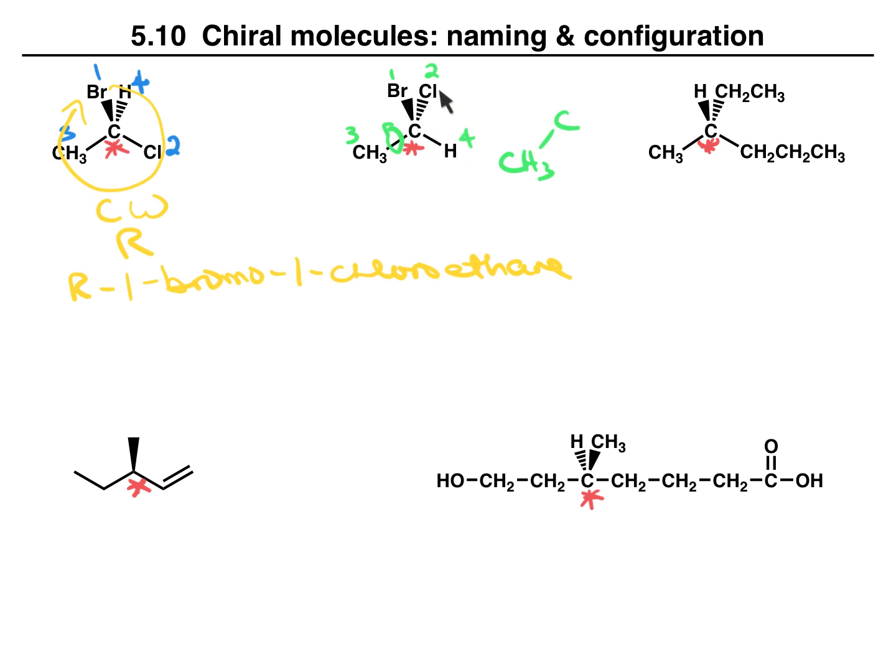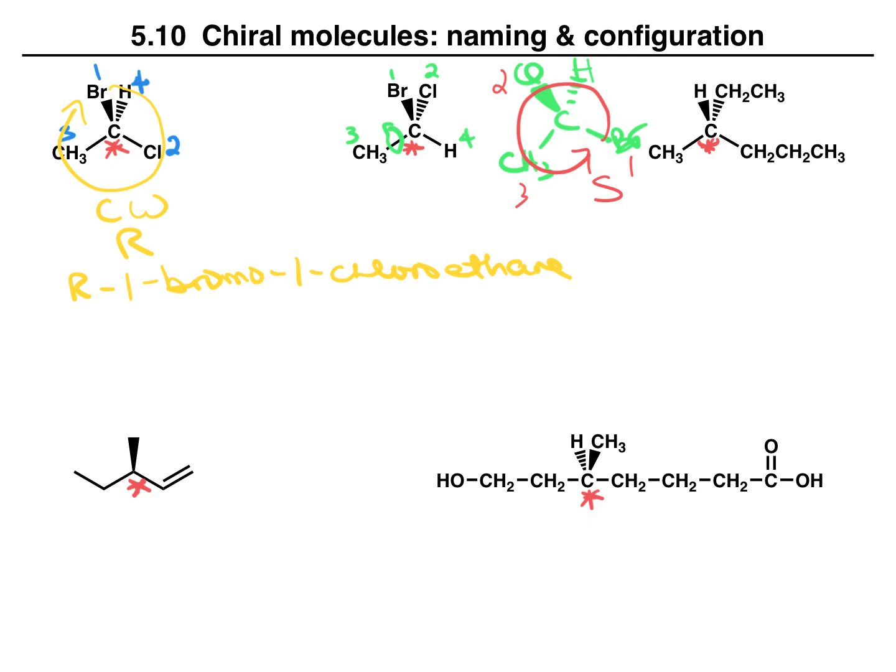If we turn counterclockwise, then that is going to move the hydrogen toward the back. That moves the bromine this way, and the chlorine moves from the back to the front. So our bromine is going to come down here, our chlorine is up here, and our hydrogen is here. Now we can look at 1 to 2 to 3. We are going counterclockwise, so this one is S.